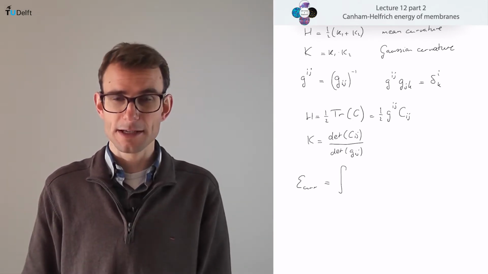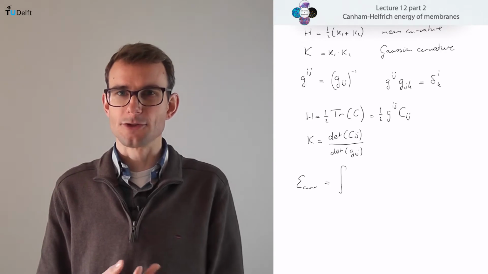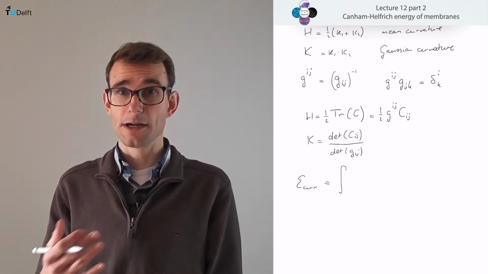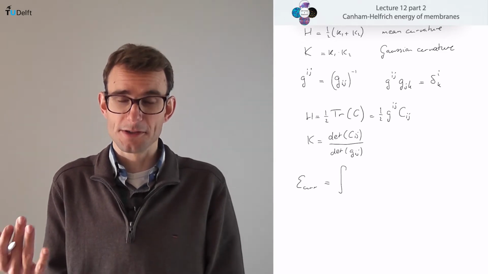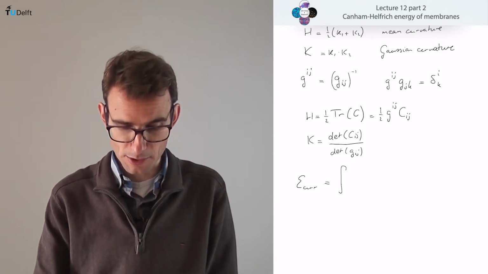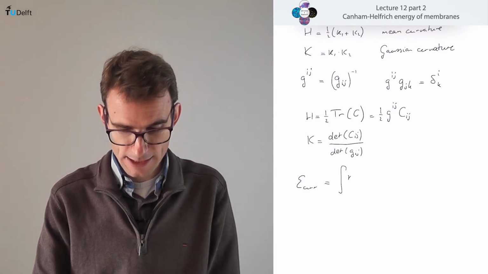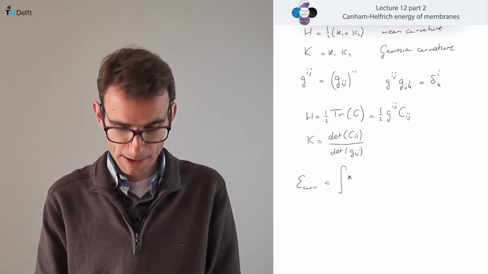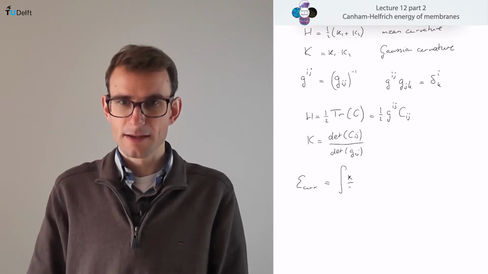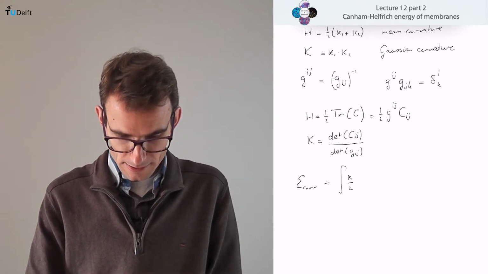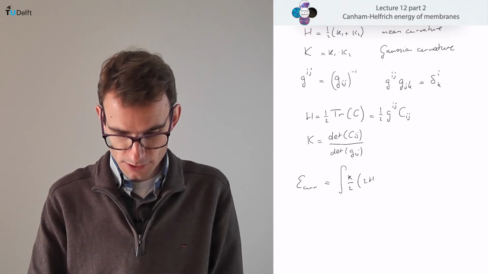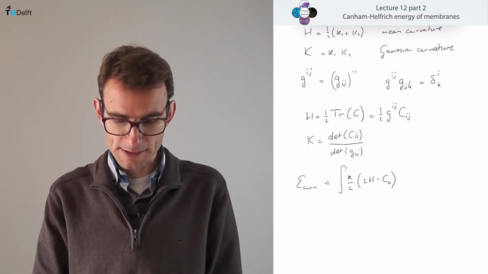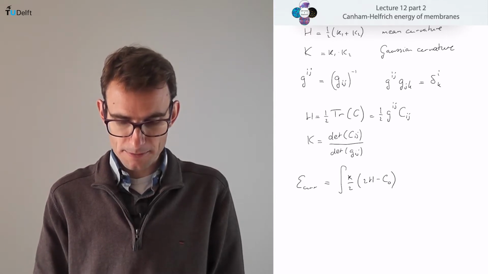And what are we integrating? Well, there are going to be a couple of factors too, which are simply for historical reasons and being consistent. So we are going to have a spring constant, essentially, which we are now going to call the bending modulus. Unfortunately, this one is also called kappa, so not to be confused with the eigenvalues kappa 1 and kappa 2, over 2 times 2 times the mean curvature minus any spontaneous curvature, which is typically written as C naught, squared.